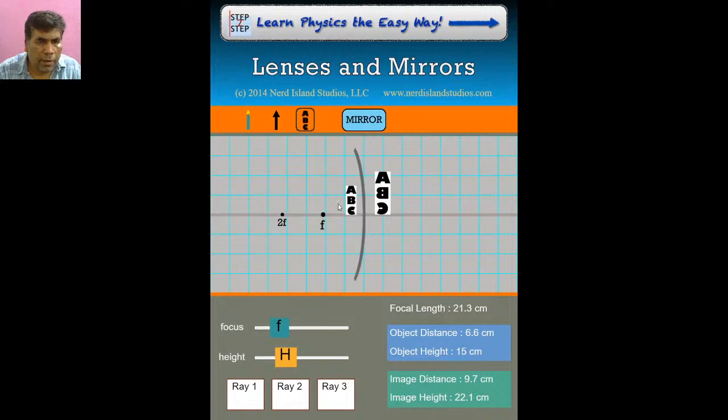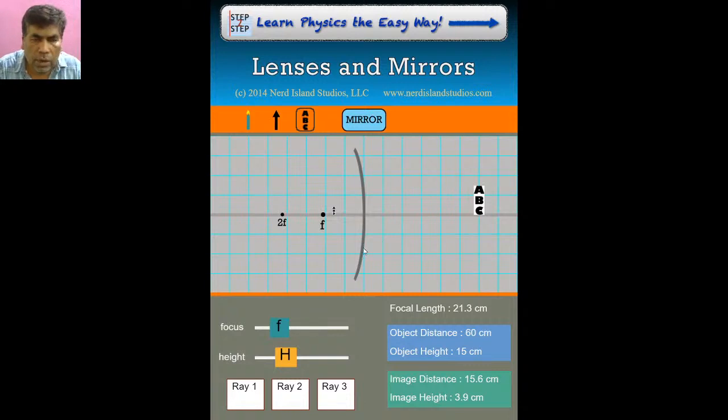Sorry children, now if the object is on this side, then this curved outward part will behave like a concave surface.